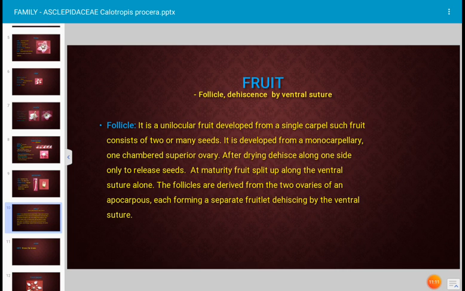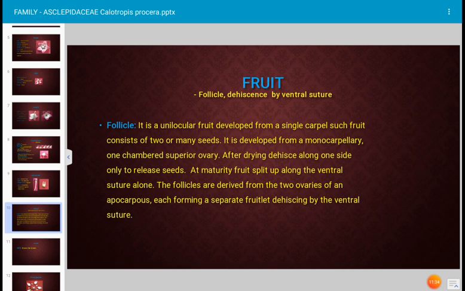Such a fruit consists of two or more seeds. It is developed from a monocarpellary one-chambered superior ovary. After drying, dehiscence of the fruit takes place along one side only to release seeds. At maturity, the fruit splits along the ventral suture alone.